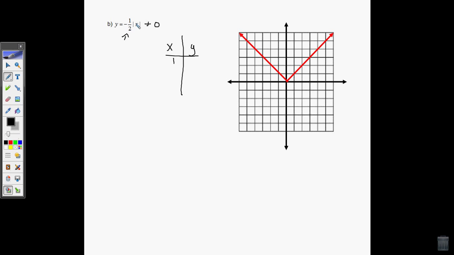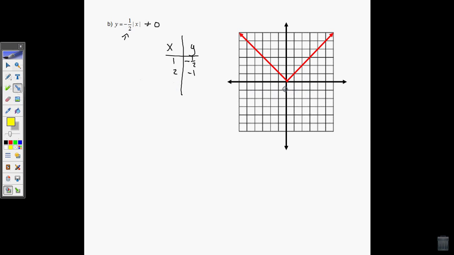Absolute value of 1 is 1 times negative 1/2. That's negative 1/2. What if I put a 2 in? Absolute value of 2 is 2 times negative 1/2. Well, that's negative 1. So I'm getting negative numbers in my output simply because the negative sign is on the outside of the absolute value. So it kind of cheats the system a little bit there.